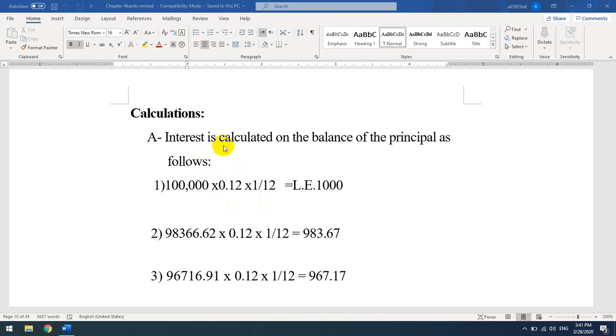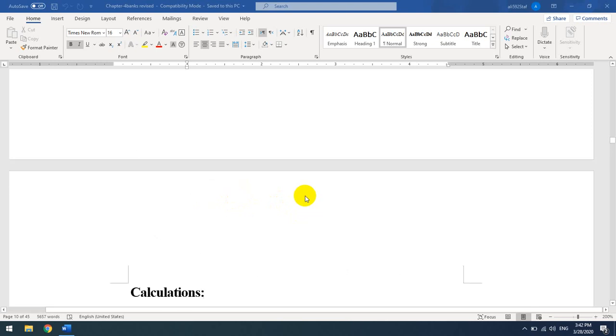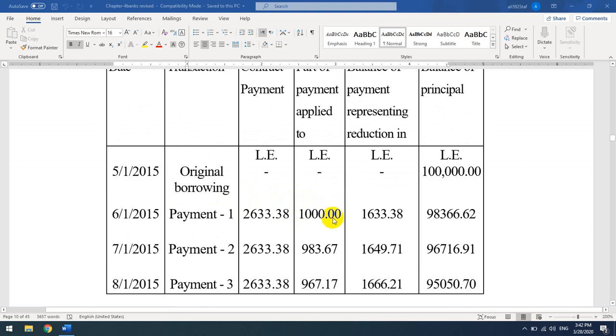So the interest on the principal for the month of May equals 100,000 times 12% times 1 by 12, which equals 1,000 Egyptian pound. So the interest equals 1,000 Egyptian pound. The remaining amount from this payment will be applied to the principal.